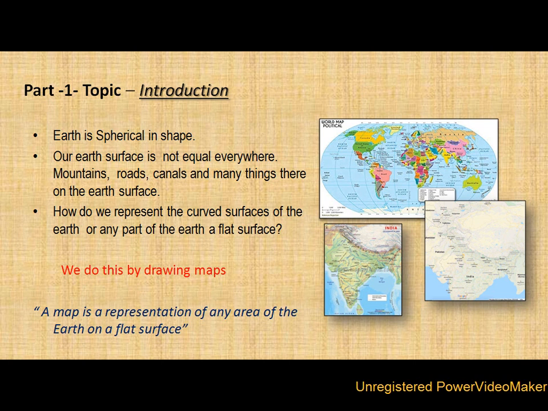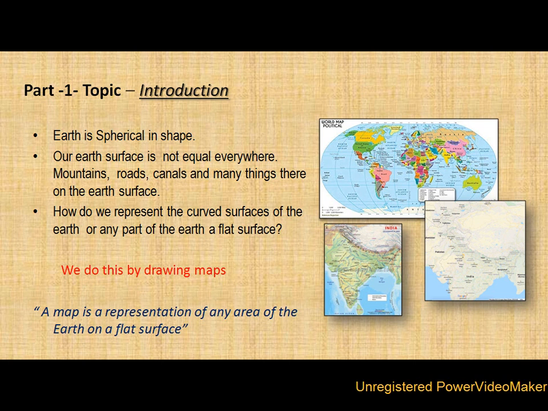We know that a map is just a representation of what we have on the Earth. So we are not going to draw exactly the things on the Earth's surface.